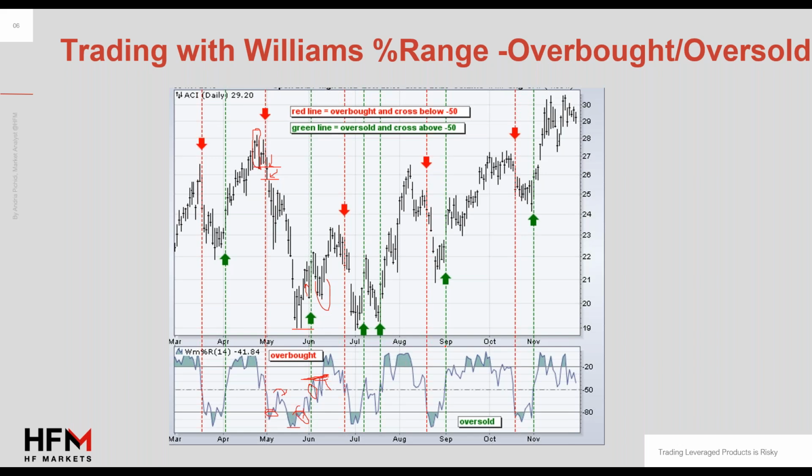So this is the way that you can use the middle line, either to add on an existing position or to open a new position if indeed it is in line with what you can see in your actual chart and in your actual trend. You're seeing a continuation to the downside.